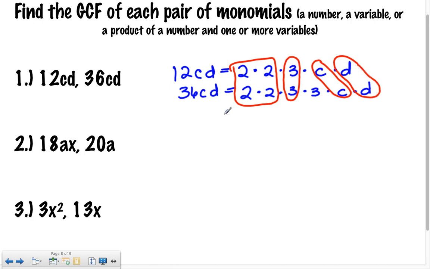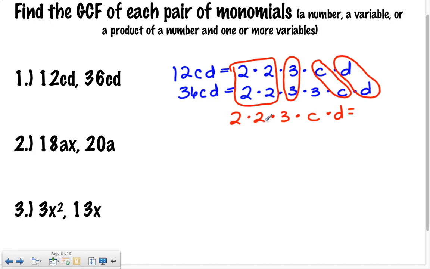So now we're just going to pull down one set of each of these, showing where they matched. So each of them have two 2's, each of them have 1 3, each of them have 1 C, and each of them have 1 D. So now we're just going to multiply all the way across.